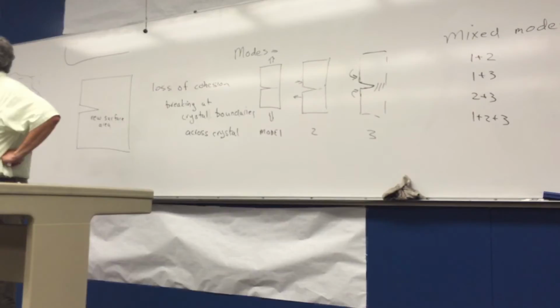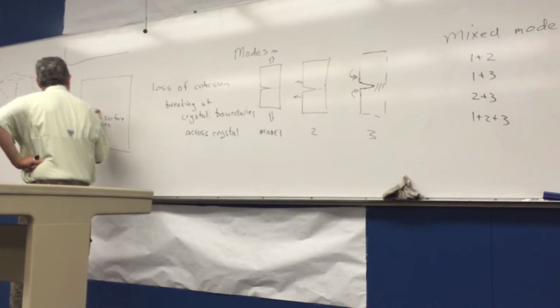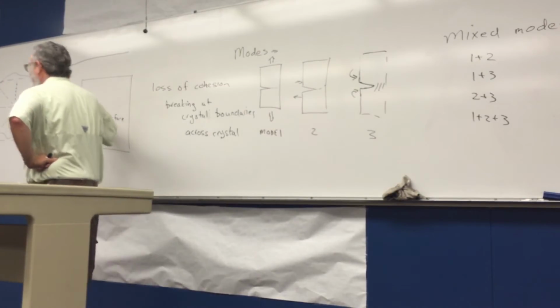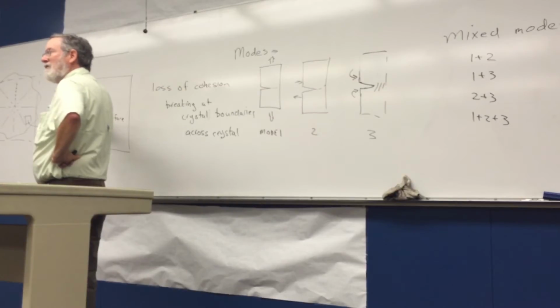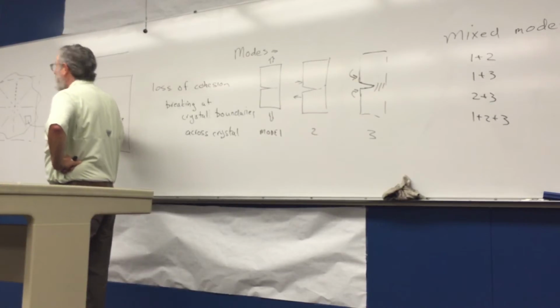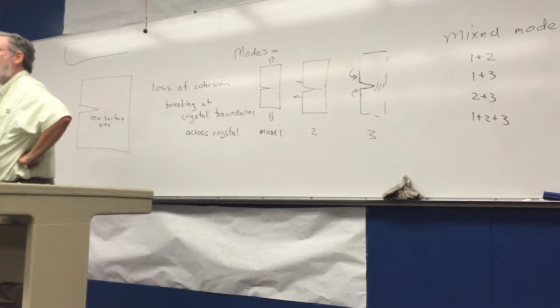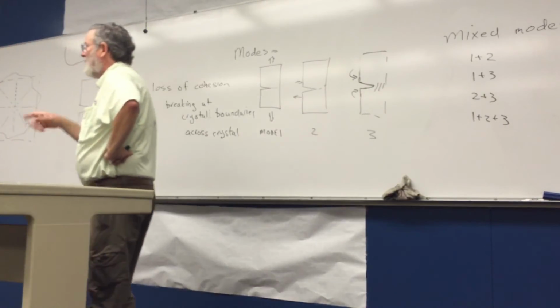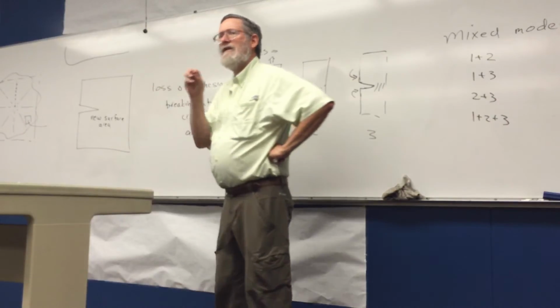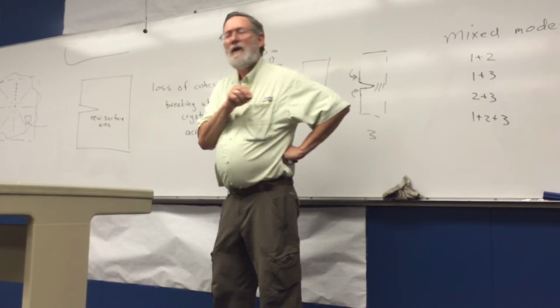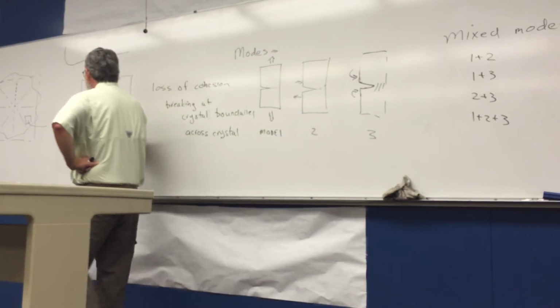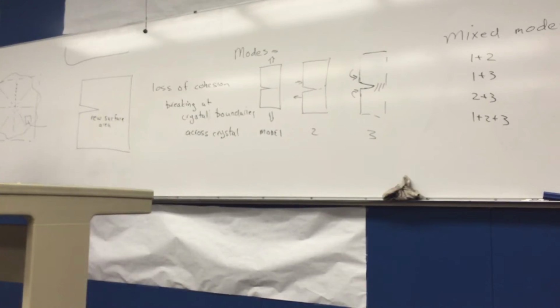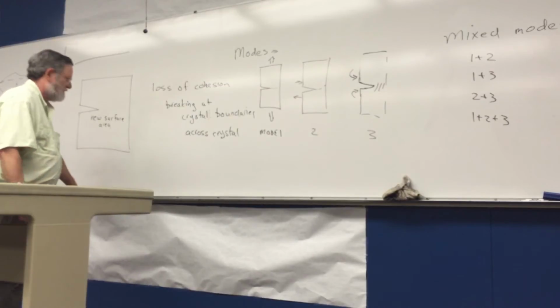We're taking bonds that were happy here, and we're now exposing them at a free surface. They're not happy any longer. We're changing the energy state in that particular system. So we want to think about what is the cost.